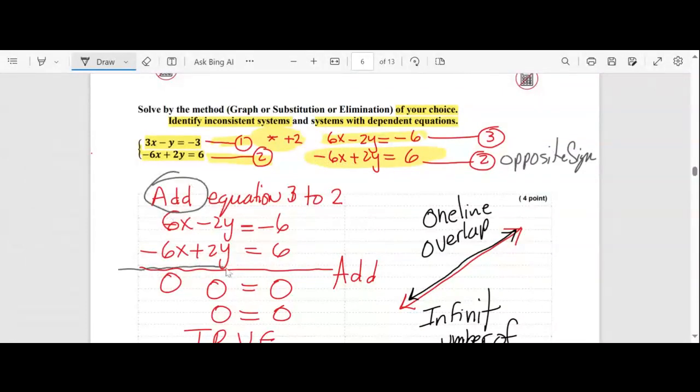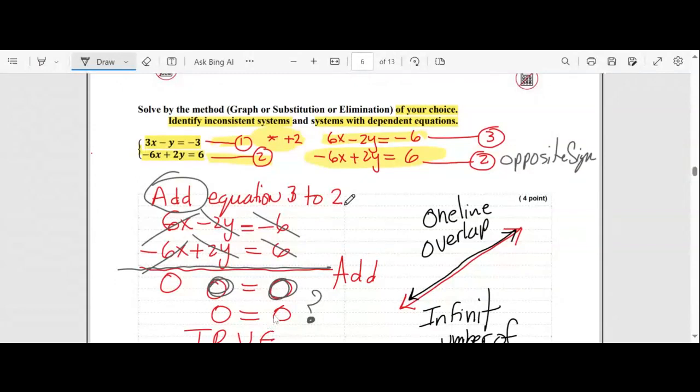When you add all this, what happened to the 6x and minus 6x? They cancel. What happened to negative 2y, positive 2y? Also they cancel. What happens to negative 6, 6? They cancel. So 0 equals 0. Is 0 equals 0 true or false?